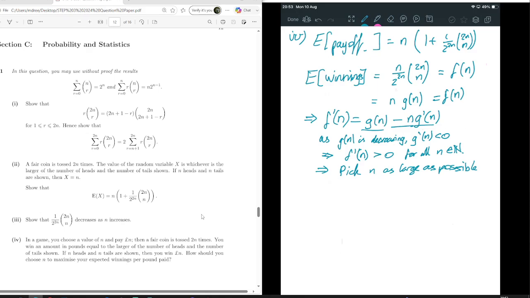Yeah, 2 would be maybe the most likely, and then decreasing probabilities for the others. But if you were then to pay a lot, so you've got maybe 2,000 coins being tossed, well, yeah, you would expect your payout to be a lot more, because you could win up to 2,000. Scaling out, of course, 2,000 is exceptionally unlikely, but you've got a chance to get a much higher payout.